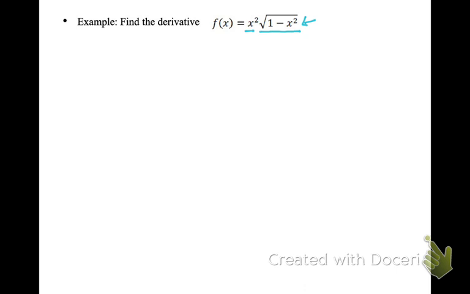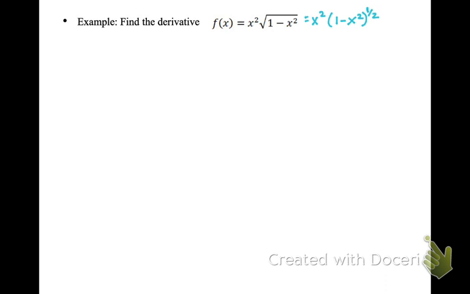We need to rewrite this, though, before we start, as x squared times (1 minus x squared) to the 1/2. You can't work with the square root. By now you should know that, correct?